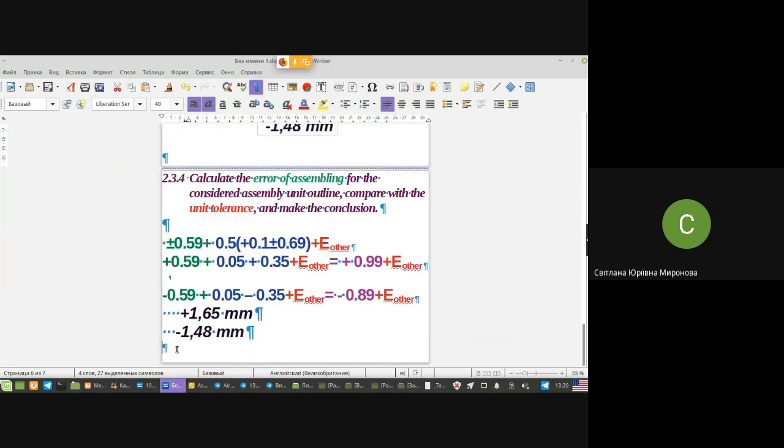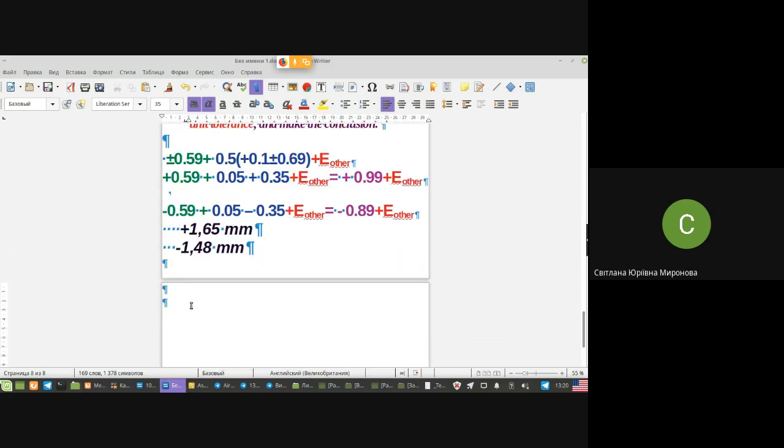Here. I hope you do remember what we were doing. Well, we have big enough, yes. We have this value and we need to recalculate it.